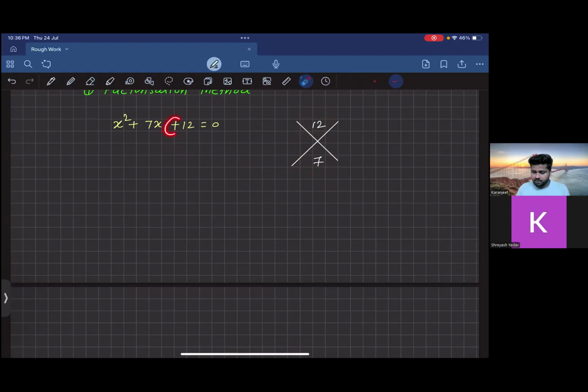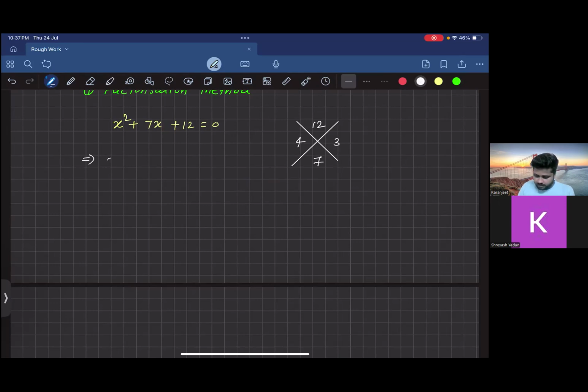If it is minus, then I will find two numbers whose difference must be 7. But here there is a plus, so I will take two numbers whose product is 12 and sum is 7. So it is 4 and 3, right?